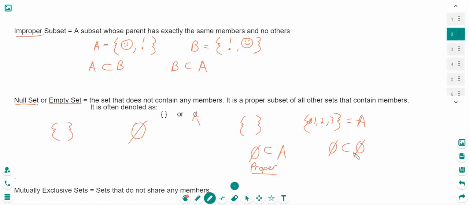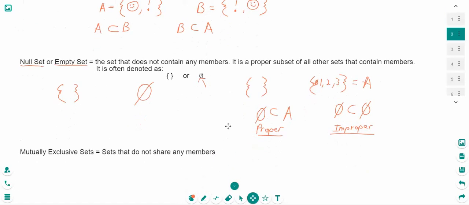Okay? Is the null set a subset of a null set? Is that a proper or an improper subset? And the answer would be it's improper, right? Because they are equivalent sets. One doesn't have more than the other. Okay? All right, so that is the null set, or the empty set.